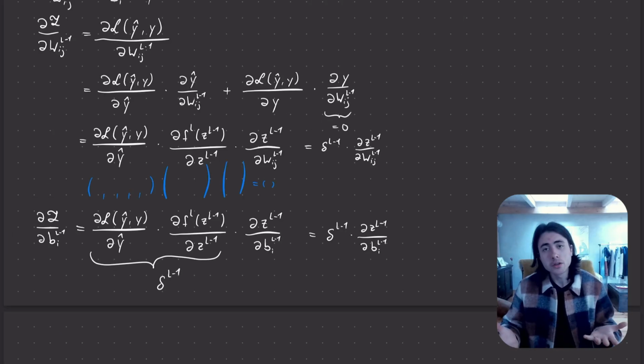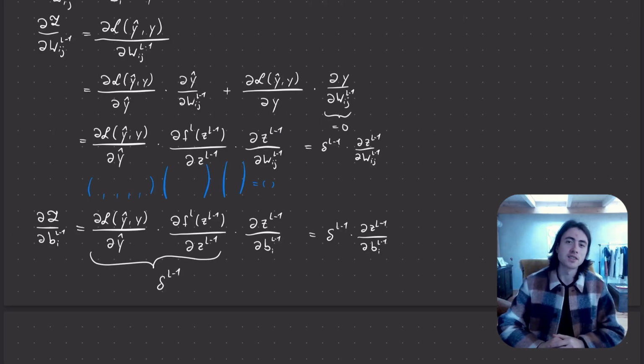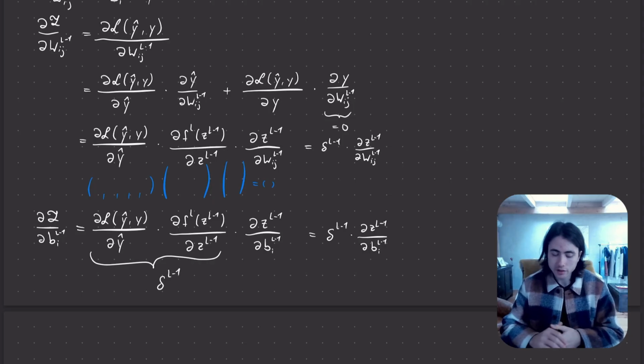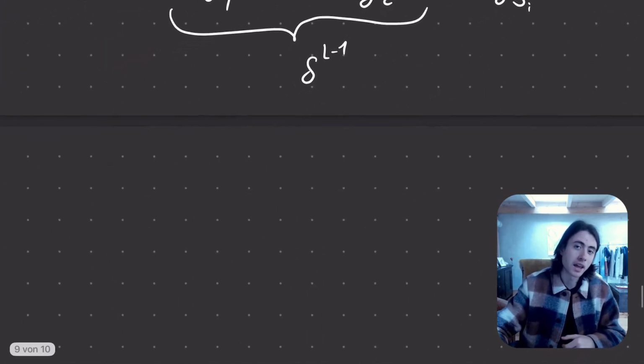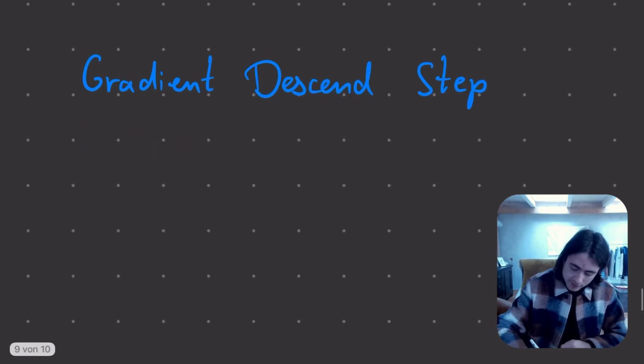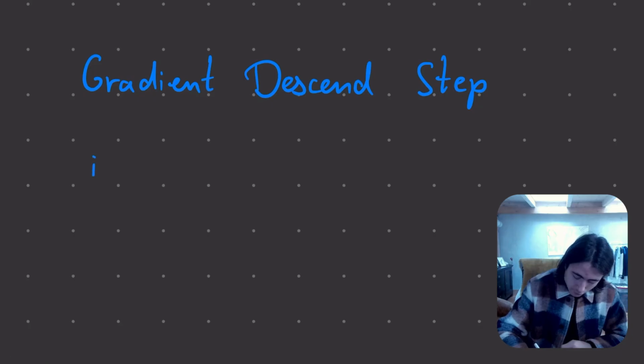Okay, so now in theory, we would be done with the calculation of the gradient of the loss function with respect to the last layer parameters. However, if we were to leave it like that, we would get bad Python code. And to show you why, I will write a gradient descent step in pseudocode now. So in one step, we would have to loop over the i's.